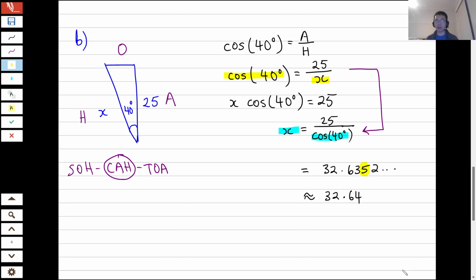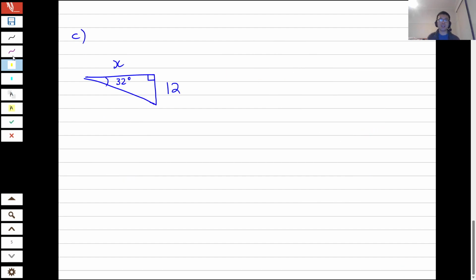Okay, one more, and then we're done. So here's our angle, 32 degrees, and I've been given the adjacent side and the opposite side. I have not been given the hypotenuse. So if I'm using SOHCAHTOA, I'm noticing that I need to use a trig ratio with O and A in it.